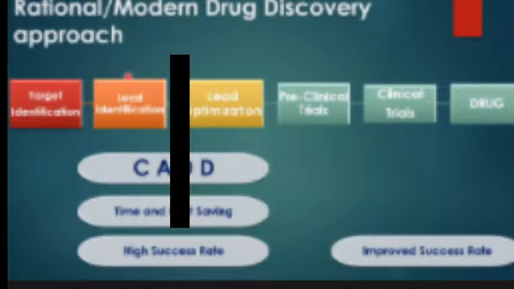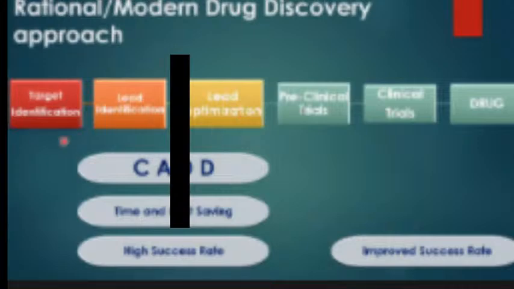Nowadays, there is a lot of talk around repurposing of existing drugs, of course. Once that lead is identified, then we optimize the lead. We make some changes and again go back to the inhibition of the target.